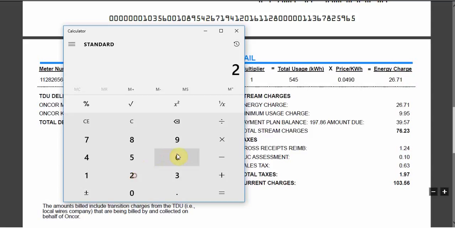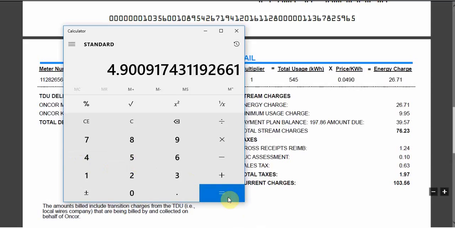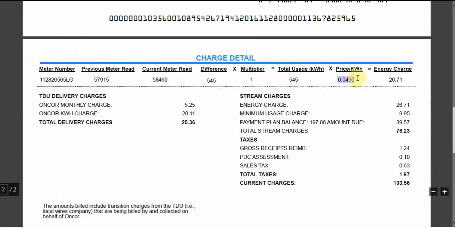So that'll give you the 2671. Then you divide that by the total usage, the 545. And you see how I have the 4.9 right here? The rate is still 4.9, which matches it right here.